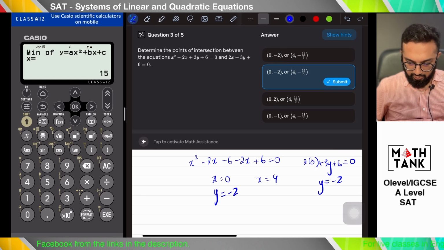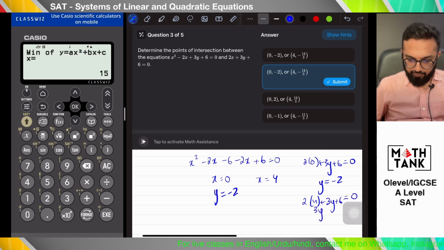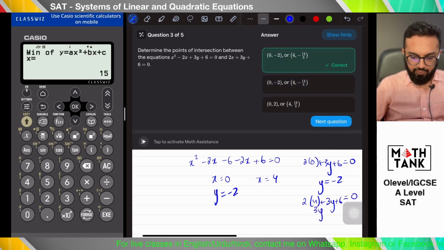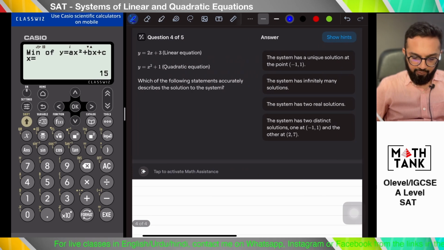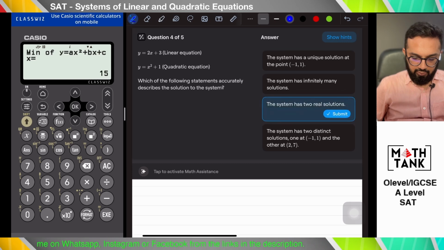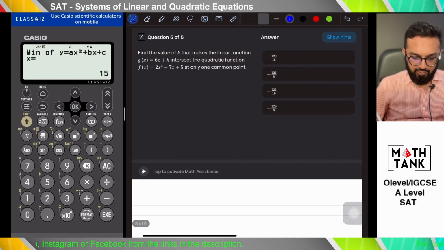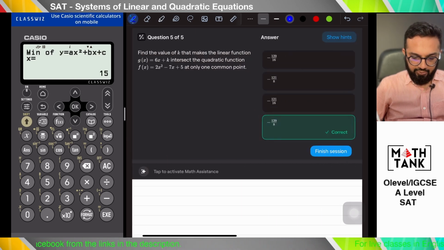And when x is 4, that should be the correct answer then. 3 in the denominator. That was the correct answer to this one. That was the correct answer to this one.